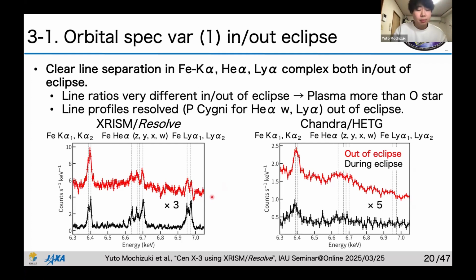The line ratios are different, and the ionized line intensity in eclipse is relatively higher than out of eclipse compared with the iron K alpha line. It means that the photoionized plasma is more extended than the size of the star. Additionally, the line profile out of eclipse showed an unresolved P Cygni profile.